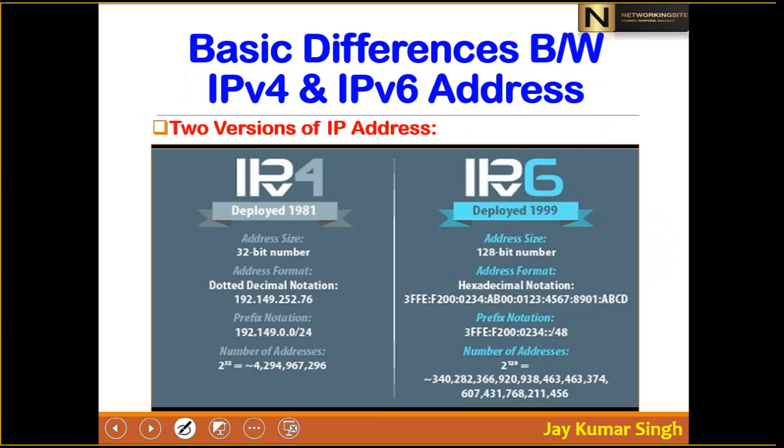Here also it has been addressed that IPv4 is a 32-bit address. It was developed in 1981. IPv6 was developed in 1999, but still we are using IPv4. And some countries, even some ISPs, have started using IPv6. And in IPv6 you will find it's a huge number.